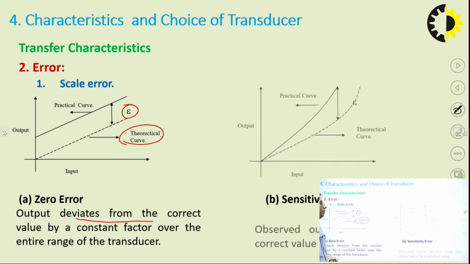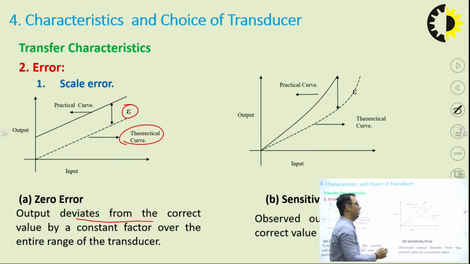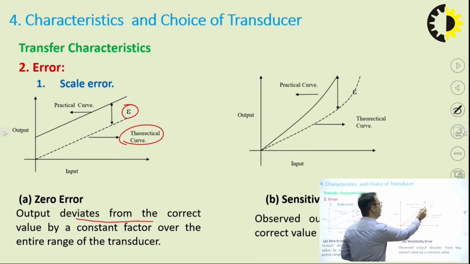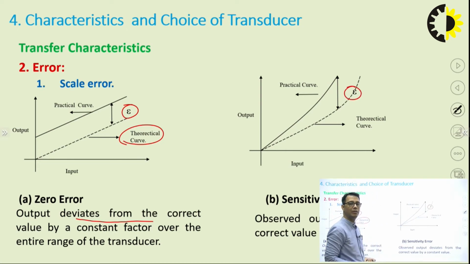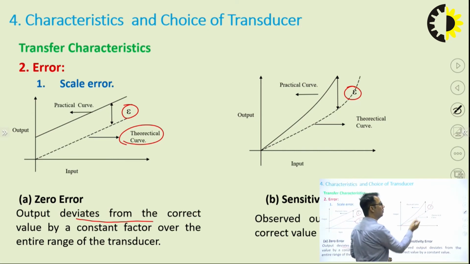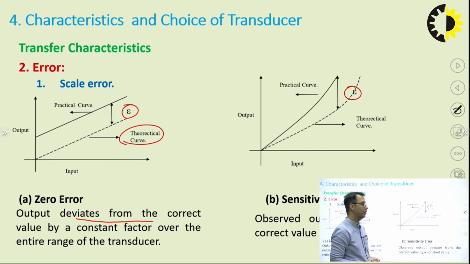On the other hand, sensitivity error is where error changes by a constant value, or we can say some sort of multiplying factor.